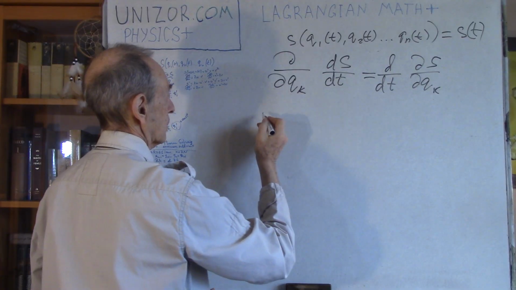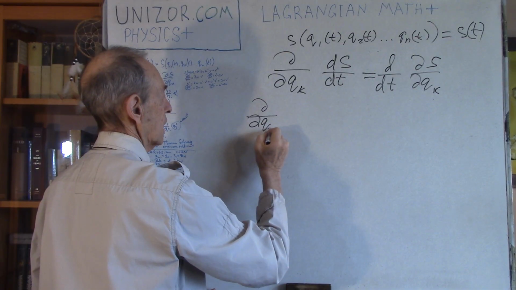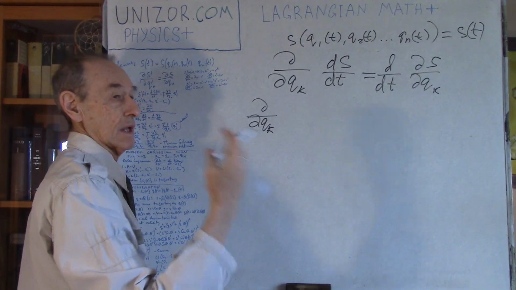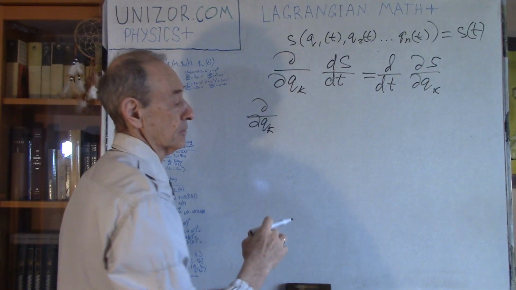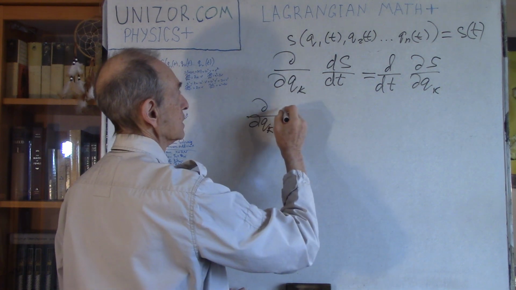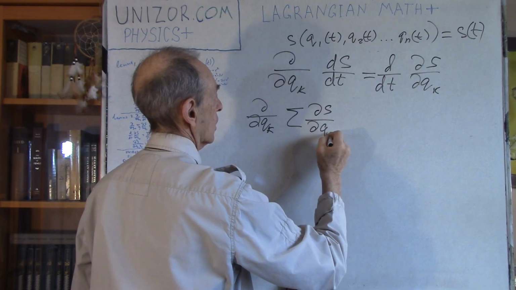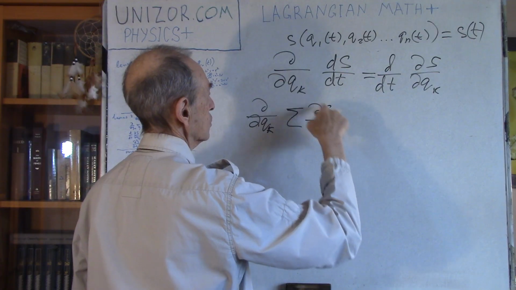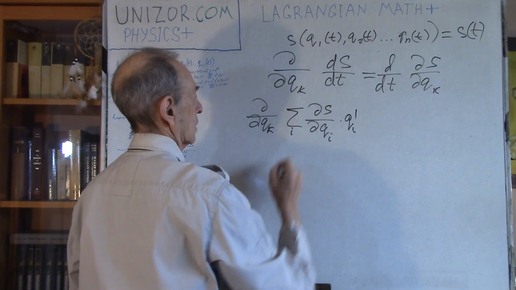So first of all, let's talk about this expression on the left. It's the partial derivative by qk of, now this is a full derivative by time. We are using again the rules of differentiation of combined functions. So again, this is the chain rule. So this would be the sum of the partial derivative by qi times the derivative of qi by time, which is qi prime, summed over i.